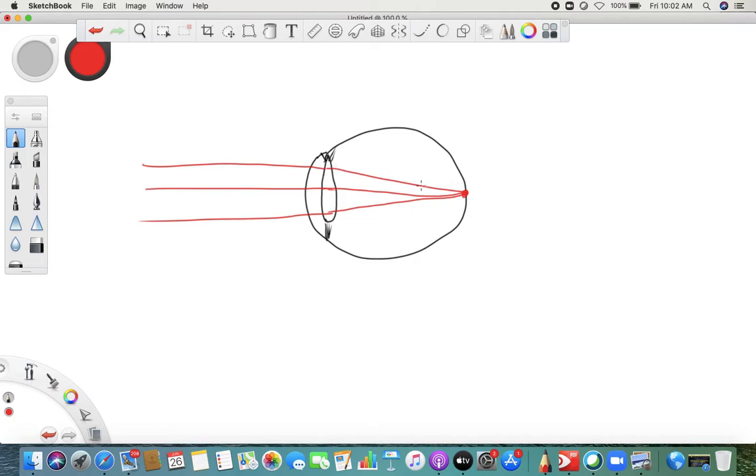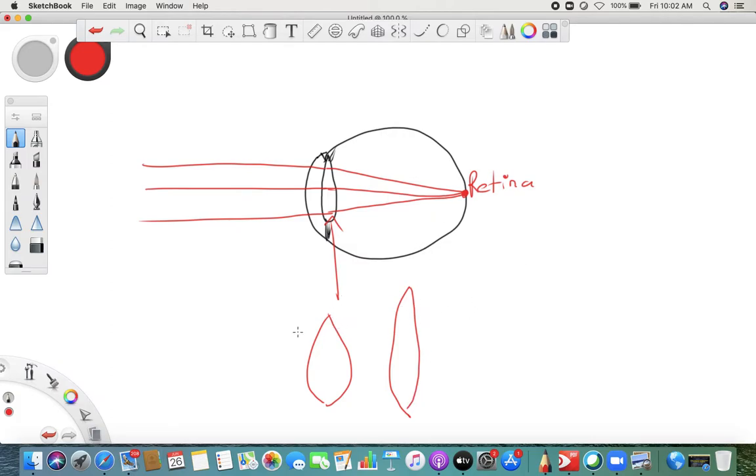So in order to focus exactly on the retina, this lens can change its shape. It can be either thick or thin as per the requirement.